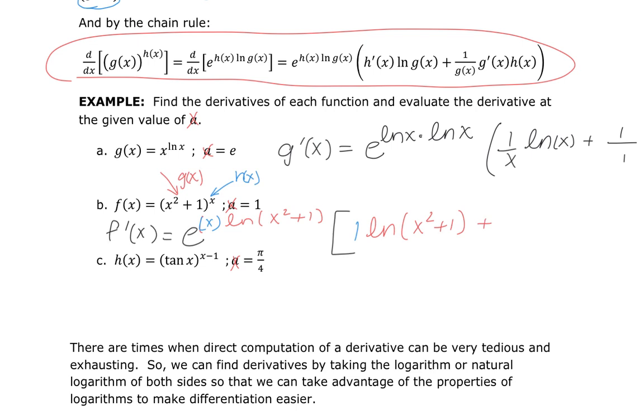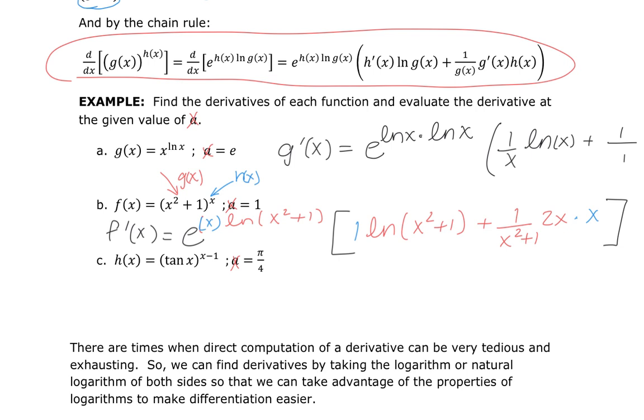And then plus 1 over my g of x, which is 1 over x squared plus 1, multiplied by my derivative of g of x, which is 2x, and then this gets multiplied by my h, which happens to be just x. All right, so now I'm going to evaluate this when x is 1.